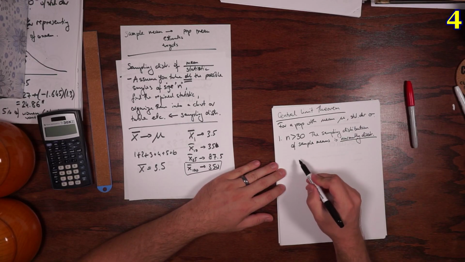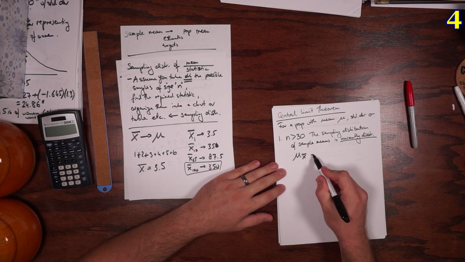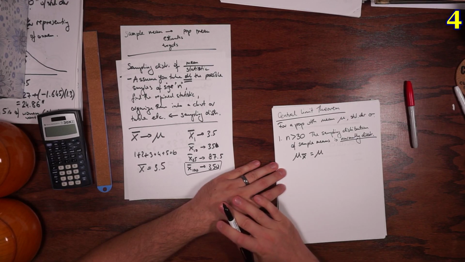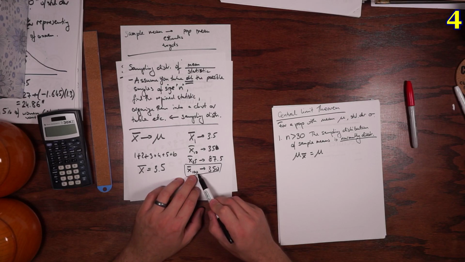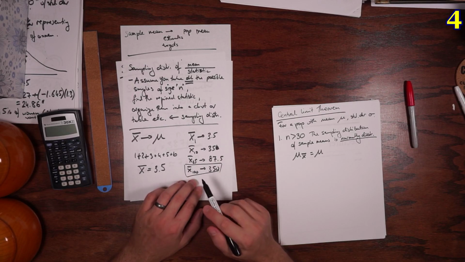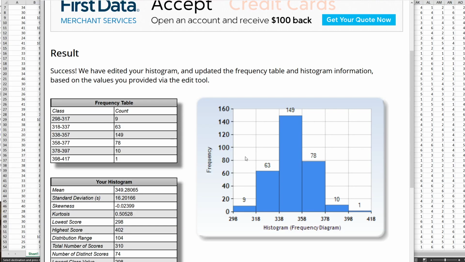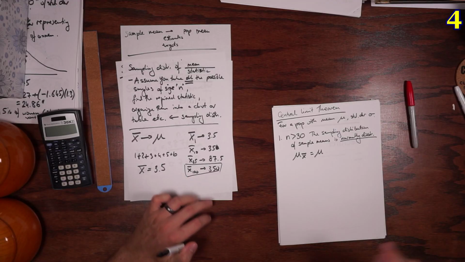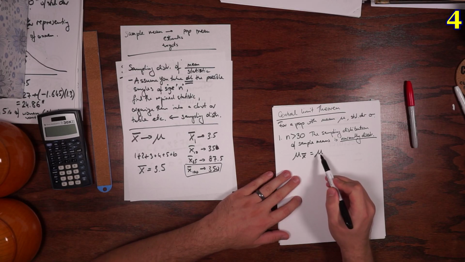And then what we realized is that if we take a mean of those samples, we're going to get the population mean. We're saying here, if we have 100 dice with a mean of 3.5 per die, we should be getting 350. Well, what did we get on ours? 349.28, right? Which means that if we take an average of those samples, we should get the population mean.